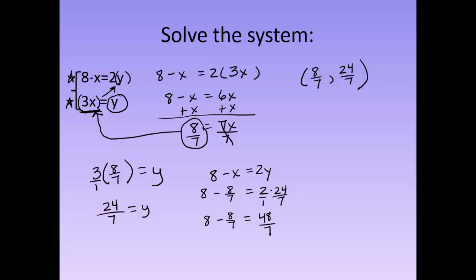Now I'm just going to go ahead and get a common denominator over here. 8/1, if I multiply by 7/7, can be rewritten as 56/7 instead of this. Okay? And I proceed with the problem. So 56/7 minus 8/7 is 48/7. And in fact, that is exactly equal to 48/7. So I have checked my answer. It appears to be correct.